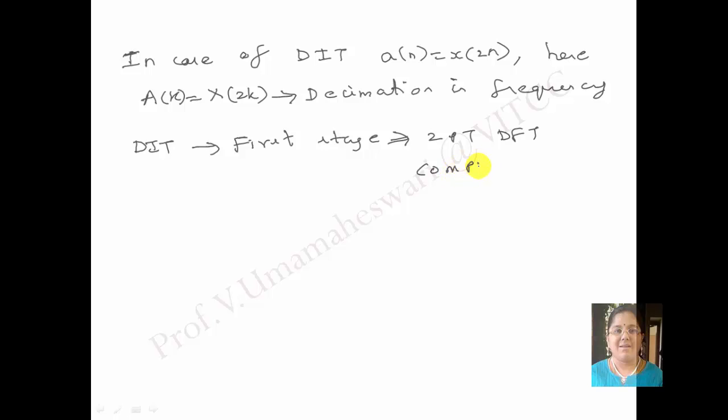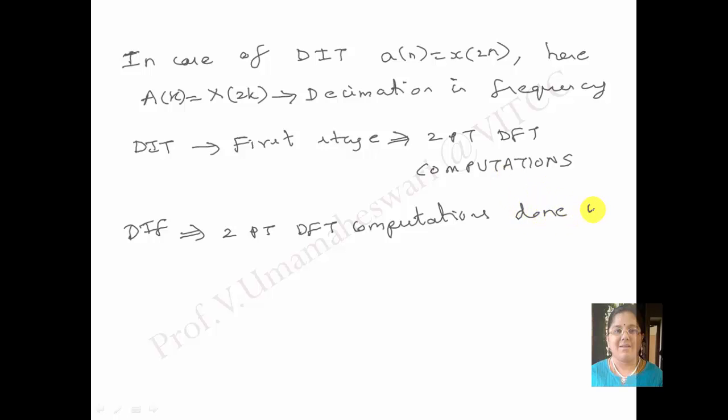Now in case of decimation in time algorithm, the first stage itself is computation of 2-point DFT. But in decimation in frequency, the 2-point DFT computation happens at the last stage. So this is one of the basic differences between our DIT and DIF.